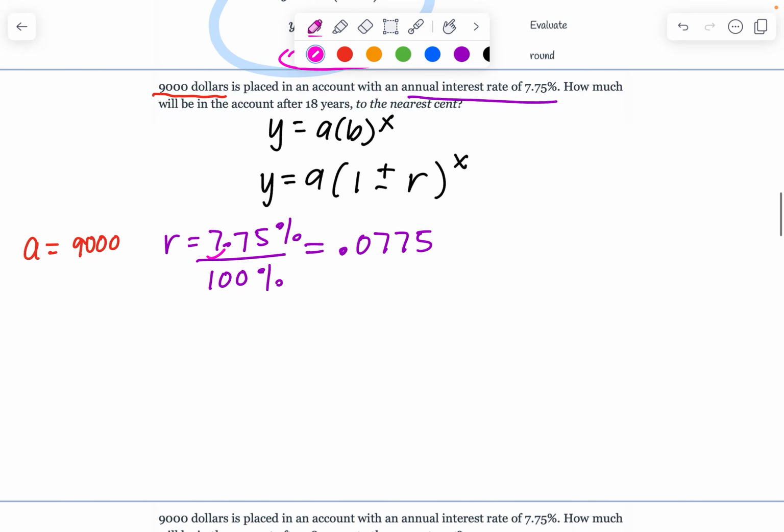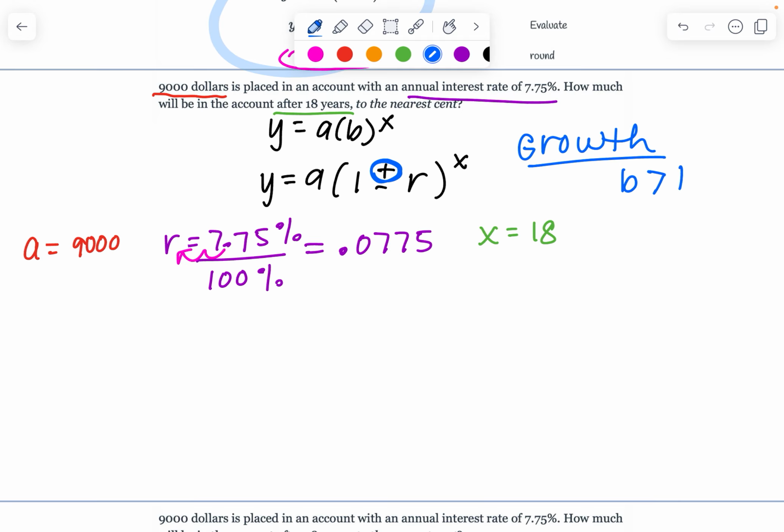Remember, when you do that division, this moves the decimal 2 places to the left. We also want to know what's going to happen after 18 years. So x is going to be 18. And this is going to be growth. It's money, so that means we're going to be adding because we want our base to be a number larger than 1.